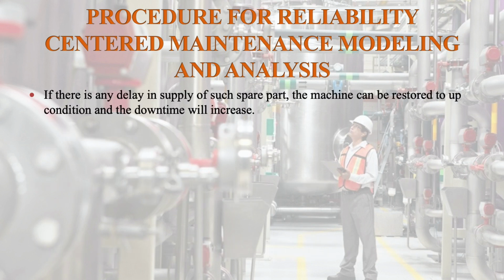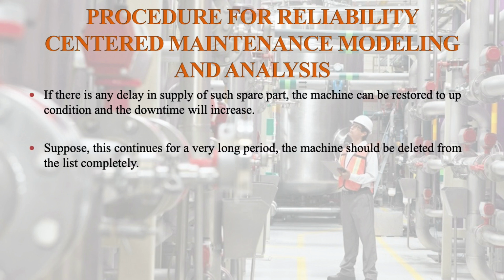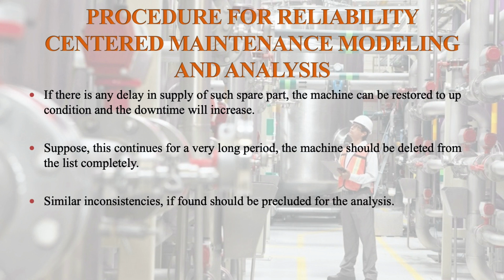If there is any delay in supply of such a spare part, the machine cannot be restored to up condition and the downtime will increase. Suppose this continues for a very long period, the machine should be deleted from the list completely. Similar inconsistencies, if found, should be precluded from the analysis.